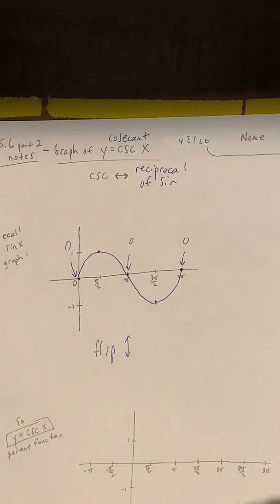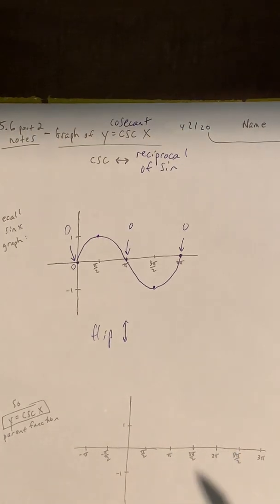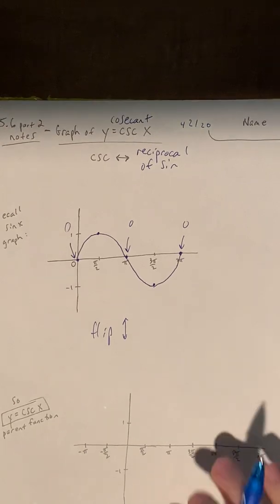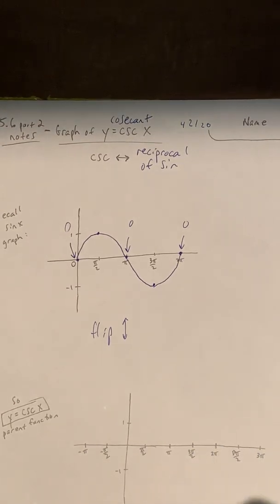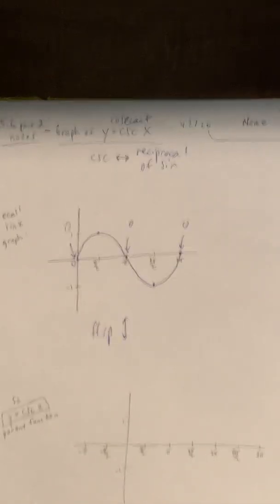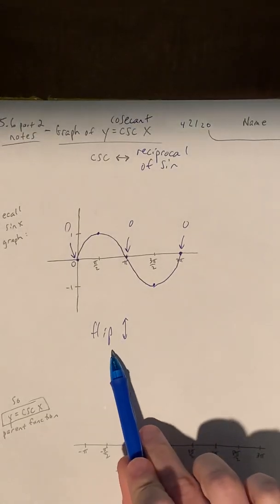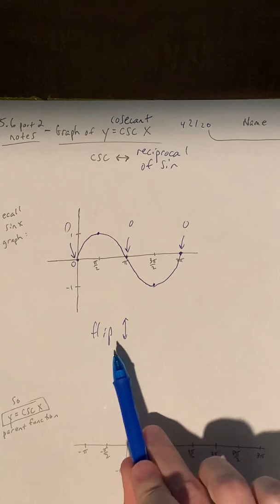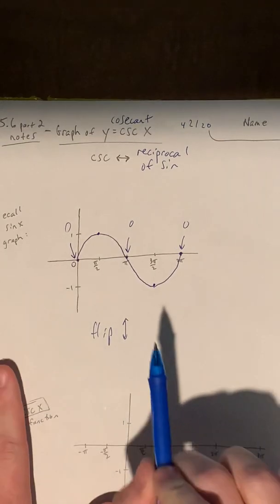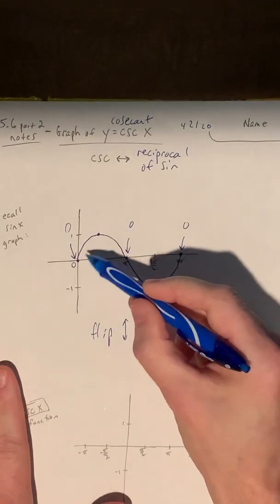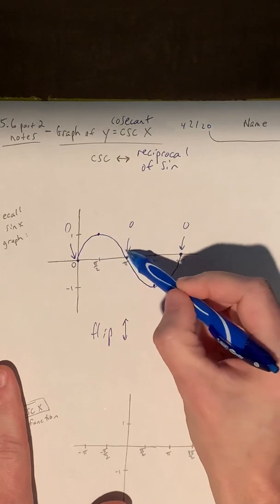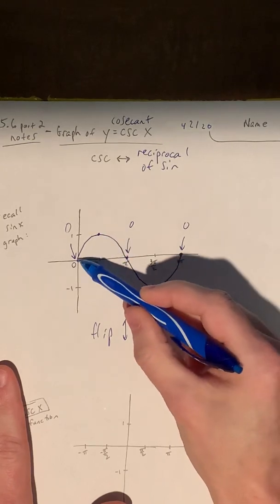And the cosecant graph is kind of going to do that to the sine graph. We're going to keep things simple. There's a lot more related to it, a lot more in depth, but we're not going to go in depth. We're going to keep things simple and just flip the 2 parts of the graph. There are 2 important parts of this sine curve. This curve here, which is kind of like a hill.